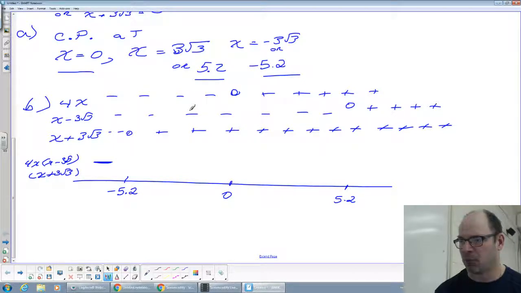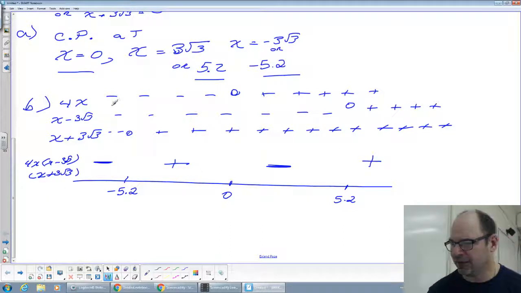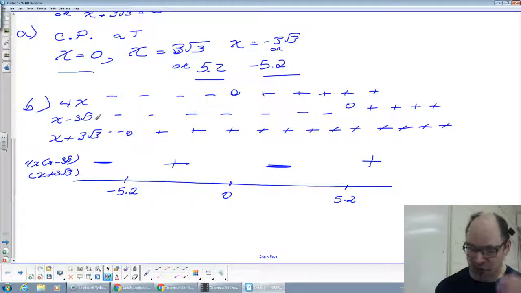Negative times a negative is positive, times another positive is a positive. Then in this section, we've got positive times a negative times a positive. That's a negative. Positive times a positive times a positive, that's positive. So we can see that we have areas or intervals of increase and decrease.